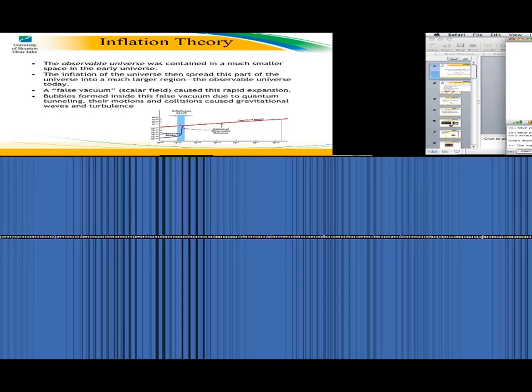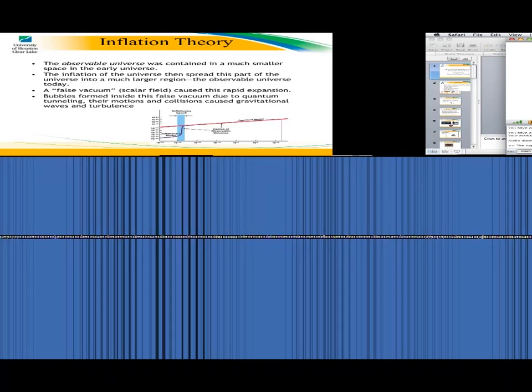The way that inflation works was, we believe there was a scalar field which created sort of a false vacuum, because instead of the ground state being at the ground, it was much higher up. And when you put this in with the general theory of relativity, it basically says that if you have the right mass distribution, you cause space-time to curve or expand, and that caused a rapid expansion.